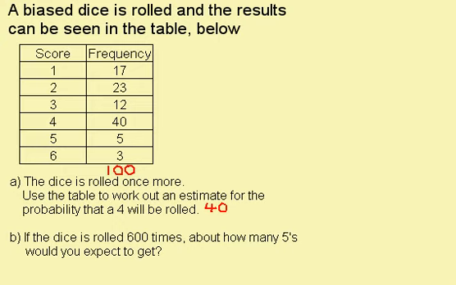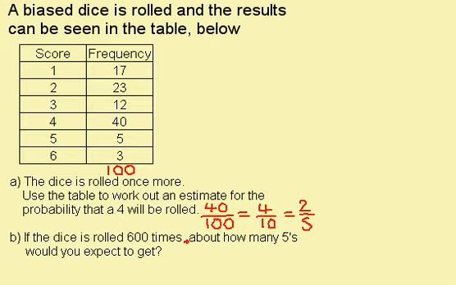So my probability is 40 out of 100. If I'm asked to cancel this, I need to cancel it to 4 over 10, which will then cancel to 2/5.